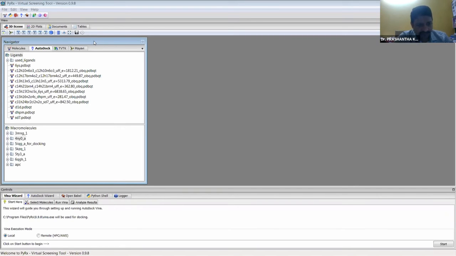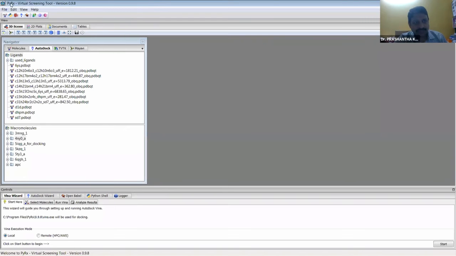Then it was typed like autogrid4 -p, the file name, .gpf, and then into .glg. Then autodock4, the file name, something .dpf, then into .dlg. So it was command-line based, what was demonstrated.